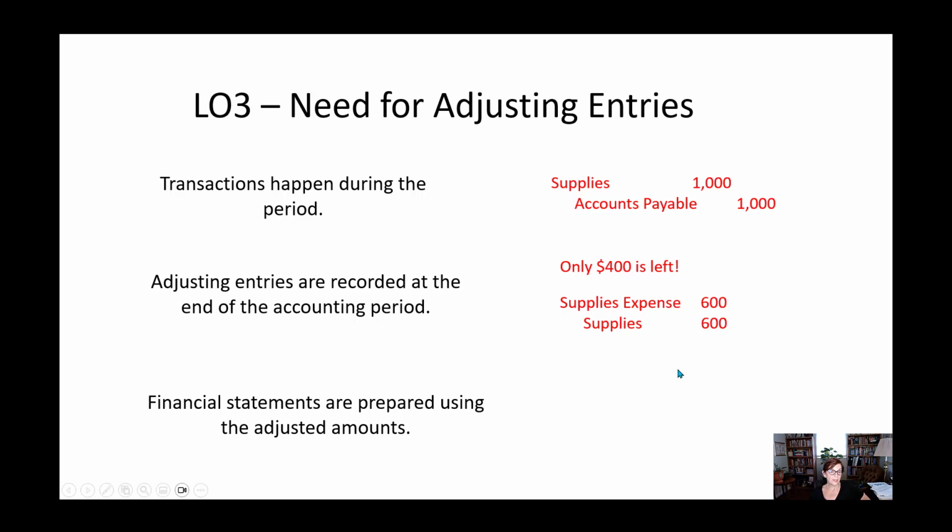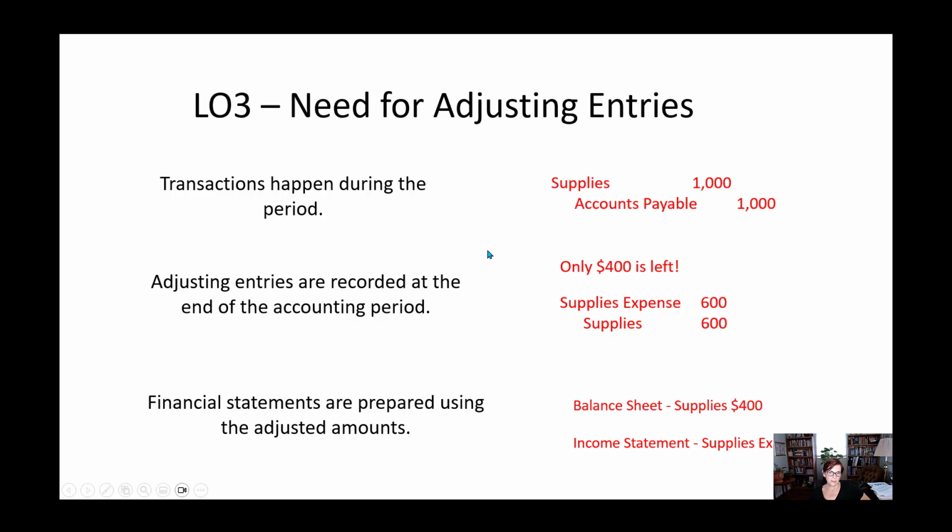Then the financial statements, we're going to look at this in more detail in the next chapter, but the financial statements are prepared using the adjusted amounts. So the supplies on the balance sheet are going to show the correct amount, which is that there's $400 of supplies, because you have 1,000 minus 600 gives you 400. Your income statement is going to show the supplies expense of $600.